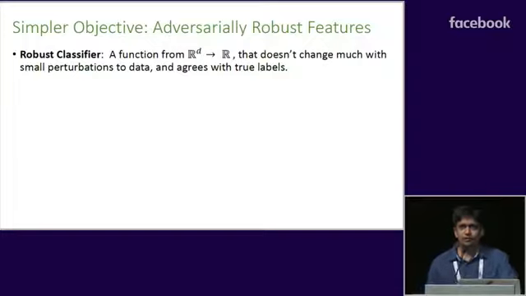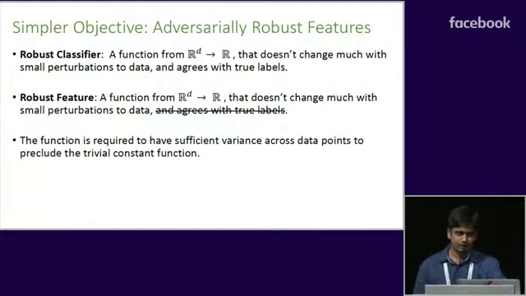So before I tell you what robust features are, what is a robust classifier? A robust classifier can be thought of as a function from your data points to reals that has two properties. First, it shouldn't change much with small perturbations to data, and it should agree with the true labels as much as possible. Now let's relax these conditions a little bit.